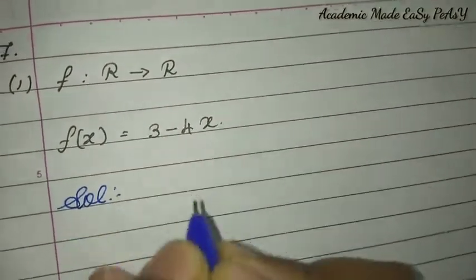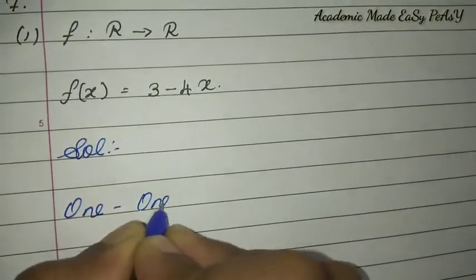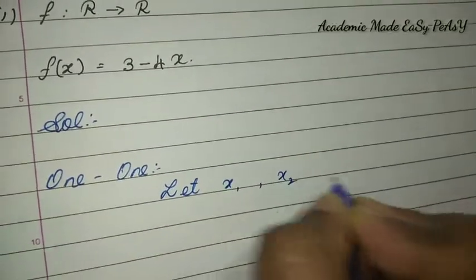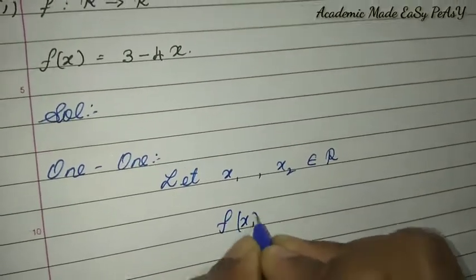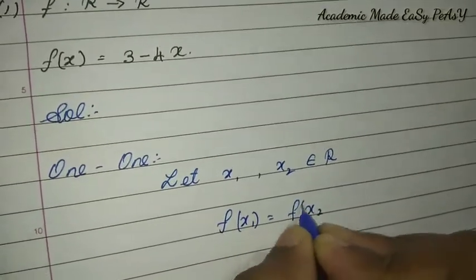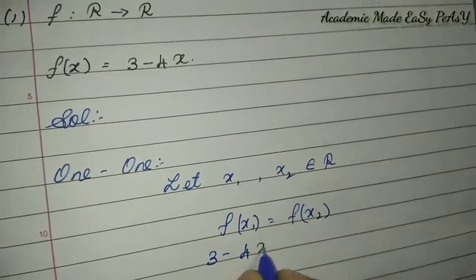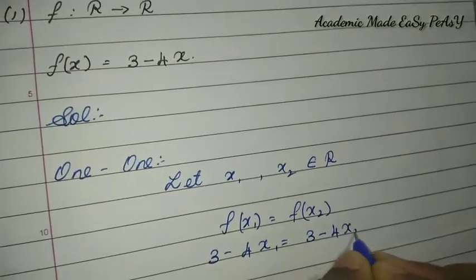Solution. First, one-to-one. Let x1, x2 belong to R. Therefore, f of x1 is equal to f of x2. So, what is f of x? 3 minus 4x. So, here 3 minus 4x1 and here 3 minus 4x2.